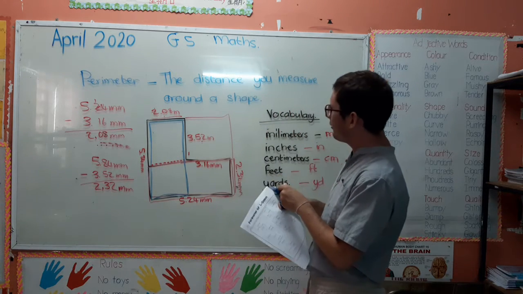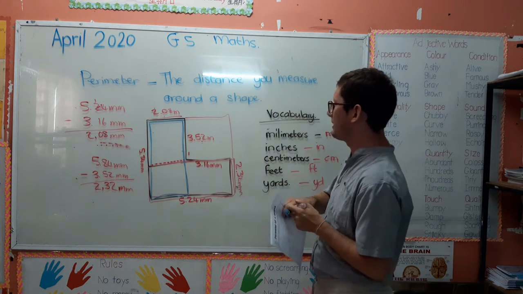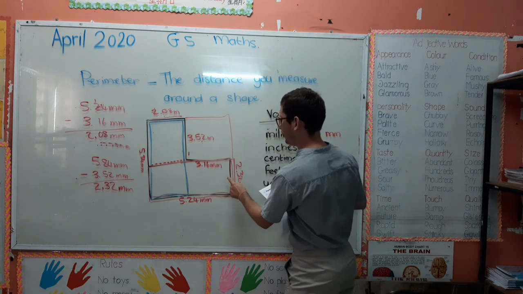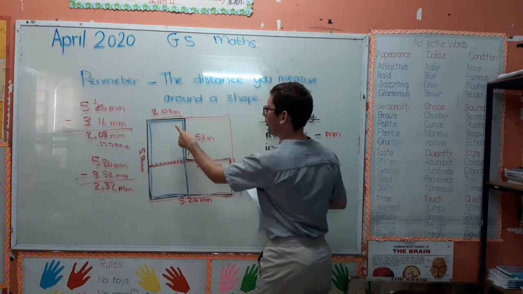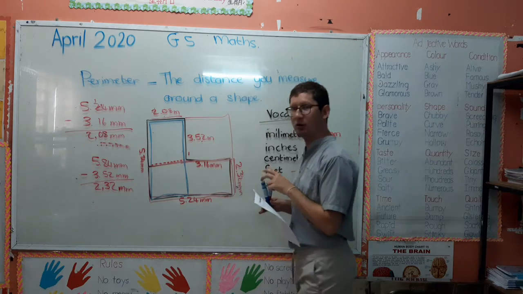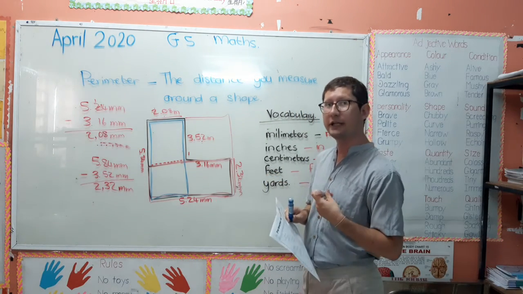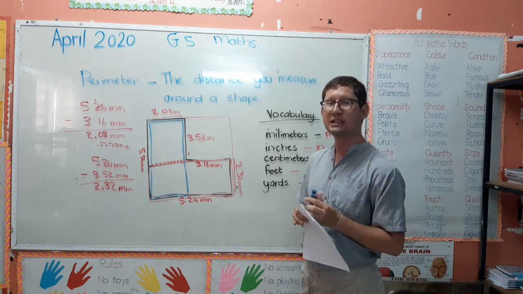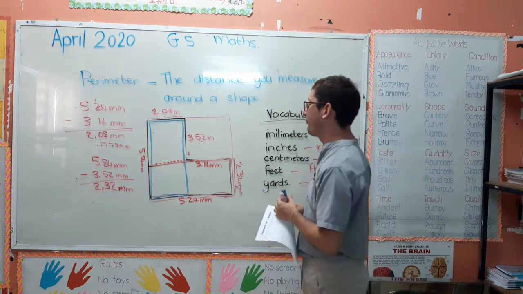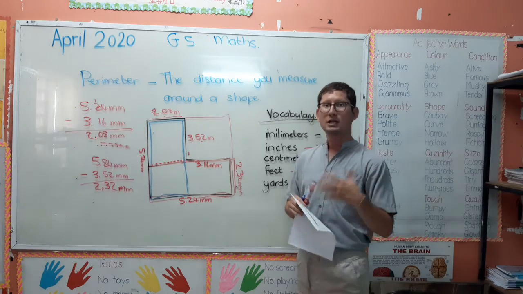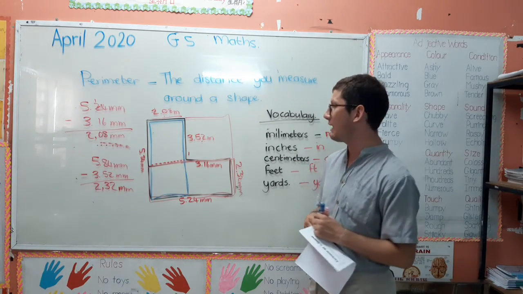Okay, so there we go. So now we have all the measurements. We have 1, 2, 3, 4, 5, 6, because this L shape has 6 sides. So first of all you need to calculate the measurement of all the 6 sides before you can work out the perimeter. So how do we work out the perimeter of this L shape?